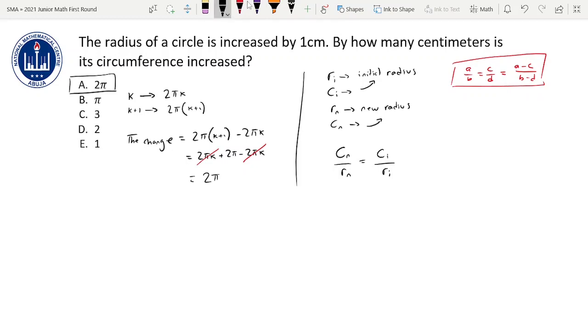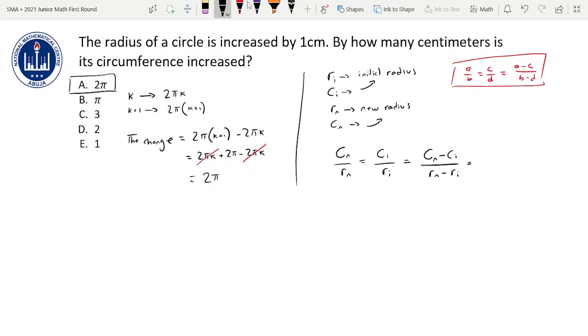Since we know that Cn over Rn is equal to Ci over Ri, that means that this is also equal to Cn minus Ci divided by Rn minus Ri. So now we have this equation here. Then finally, the ratio of the circumference of a circle to the radius is actually 2 pi.